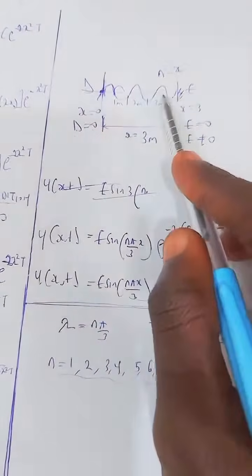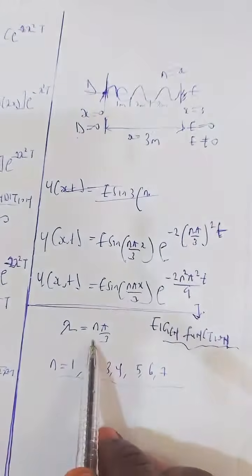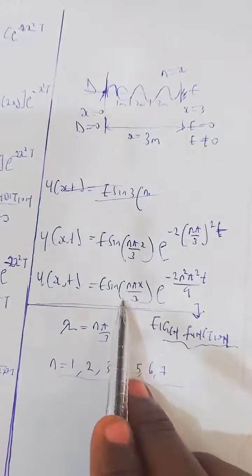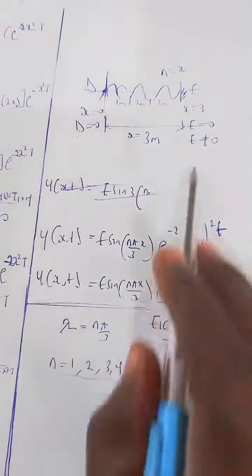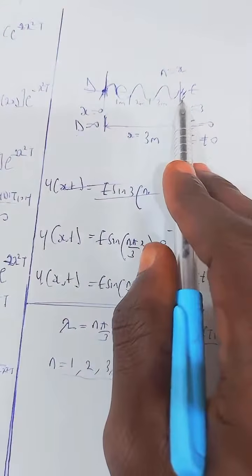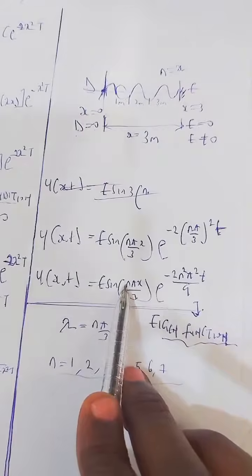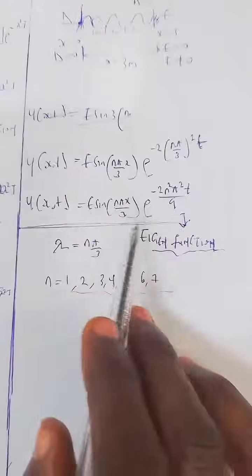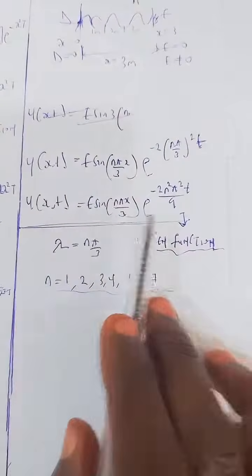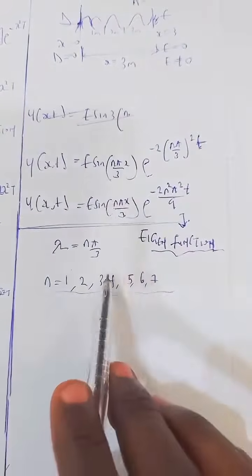When n equals 2, it has its own eigenvalue and its own eigenfunction. Similarly, when n equals 3, it has its own eigenvalue and its own eigenfunction. So for different values of n, I'm going to have different eigenfunctions.